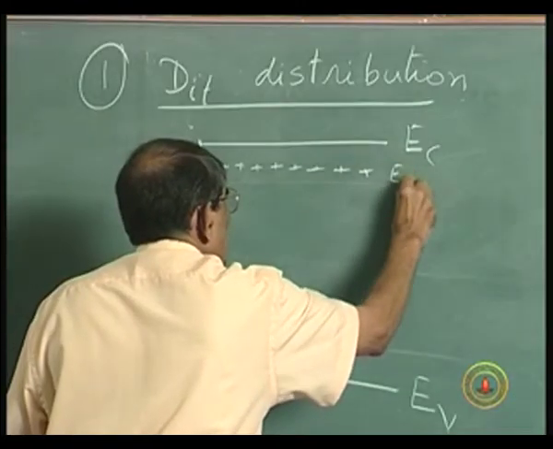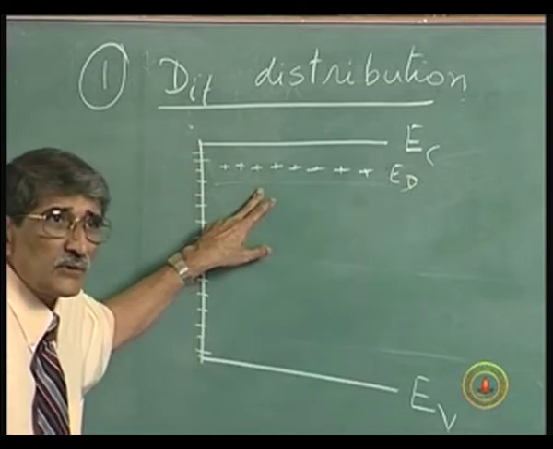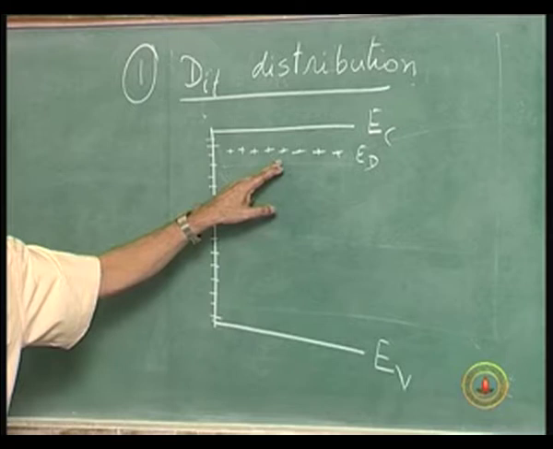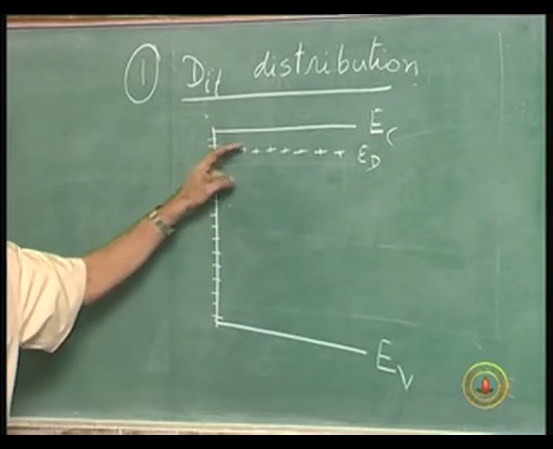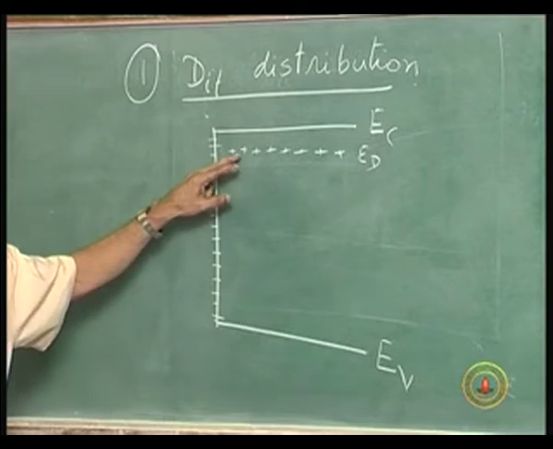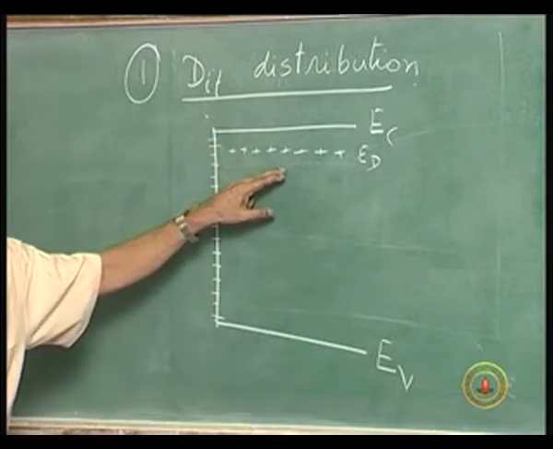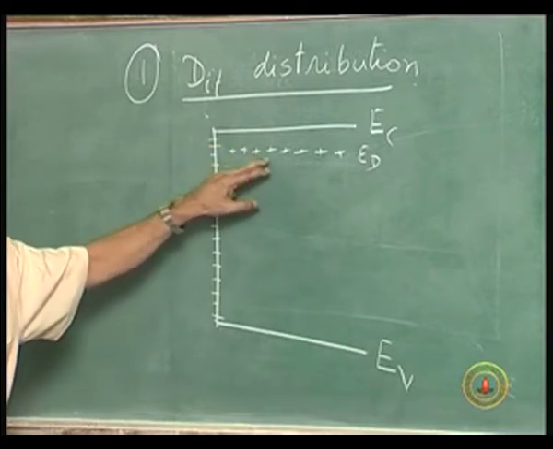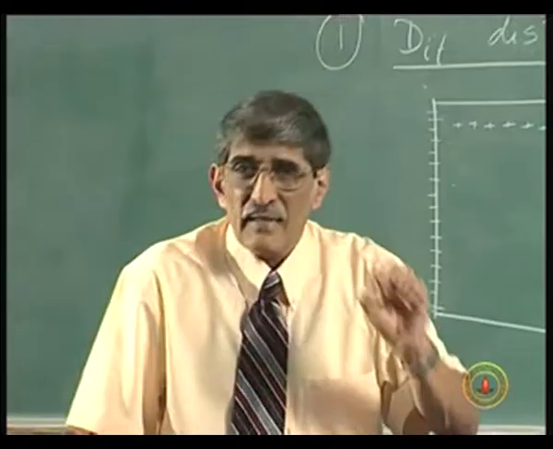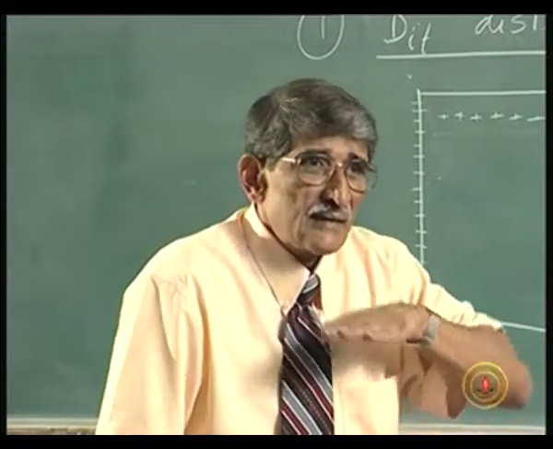These are the donor levels. You do not draw a continuous line there. You draw either like this or dotted lines, okay, and all these levels, each one of those correspond to one donor, and the entire thing corresponds to one level.